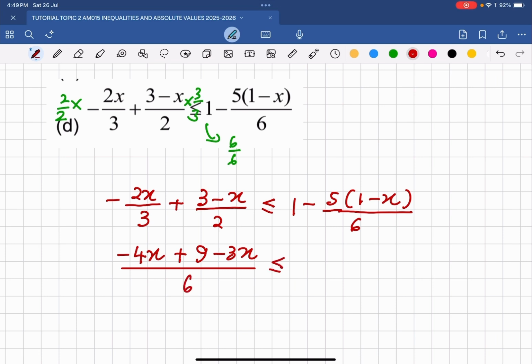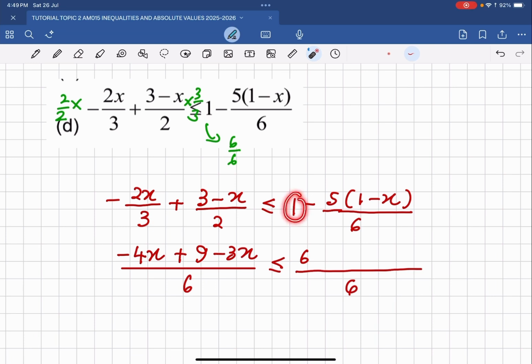Convert 1 into 6 over 6 minus, okay, now let us be careful here. We may combine it into the same denominator, same fractions.